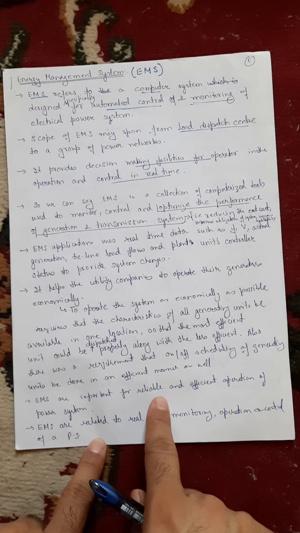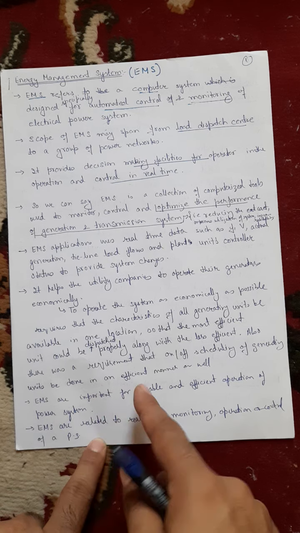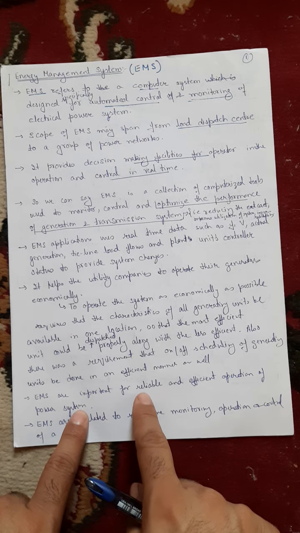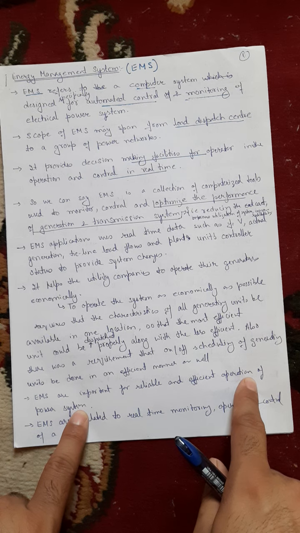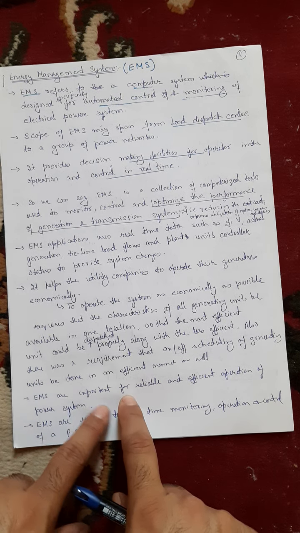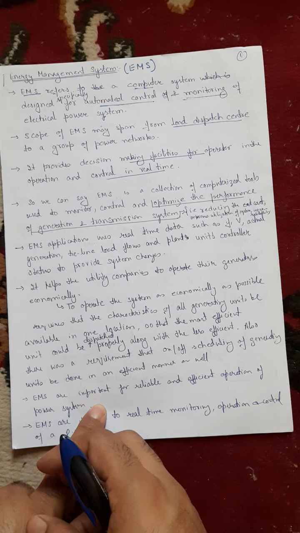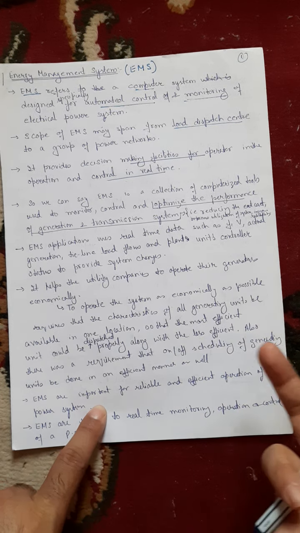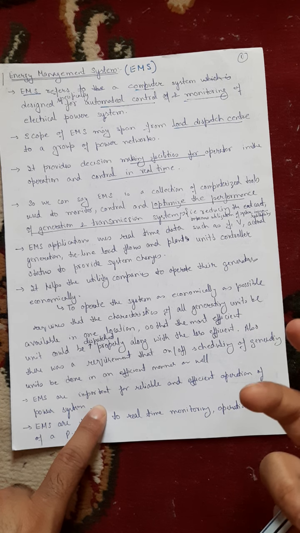Okay, how are they reliable, and how can they provide reliable and efficient operation of power system? Because we know that the energy management system will collect data from the field and monitor that data. Based on the monitoring, it will take some corrective action and make some decisions.